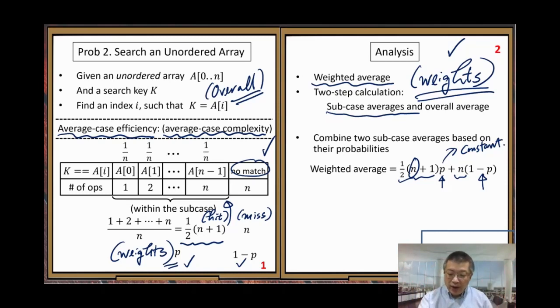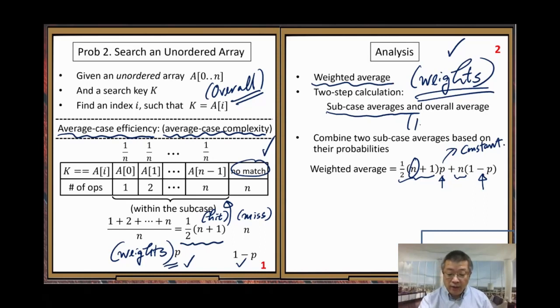After simplification, you can see the variable part is 1/2 times n times p, plus 1 minus p, times n.